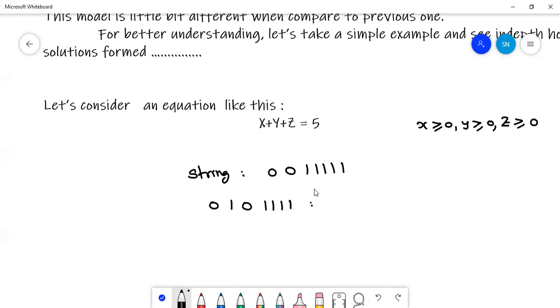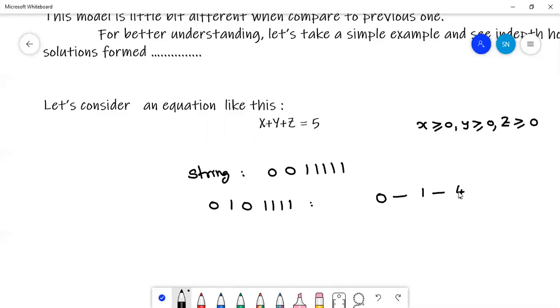So here I consider the number of ones before the first 0, that is 0. That is assigned to x. Number of ones in between the 2 zeros, in this case 1. Number of ones after the second 0, 4.